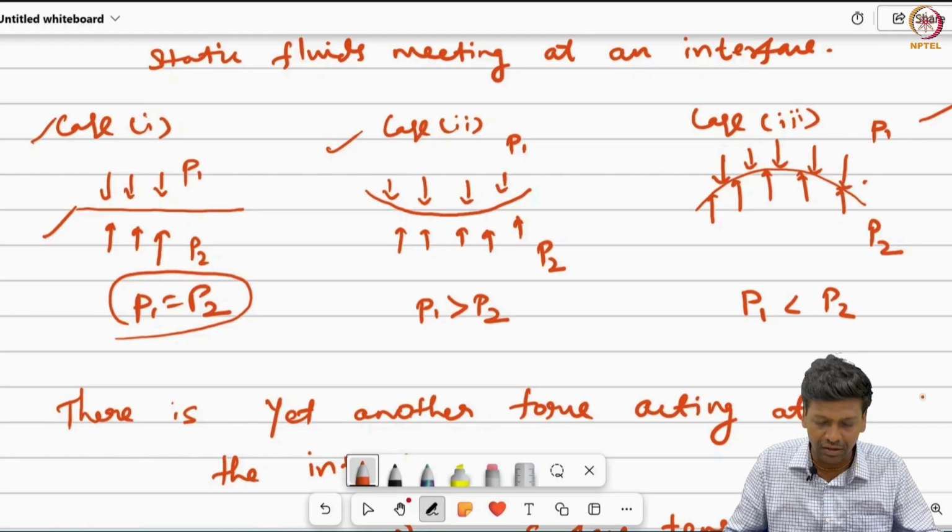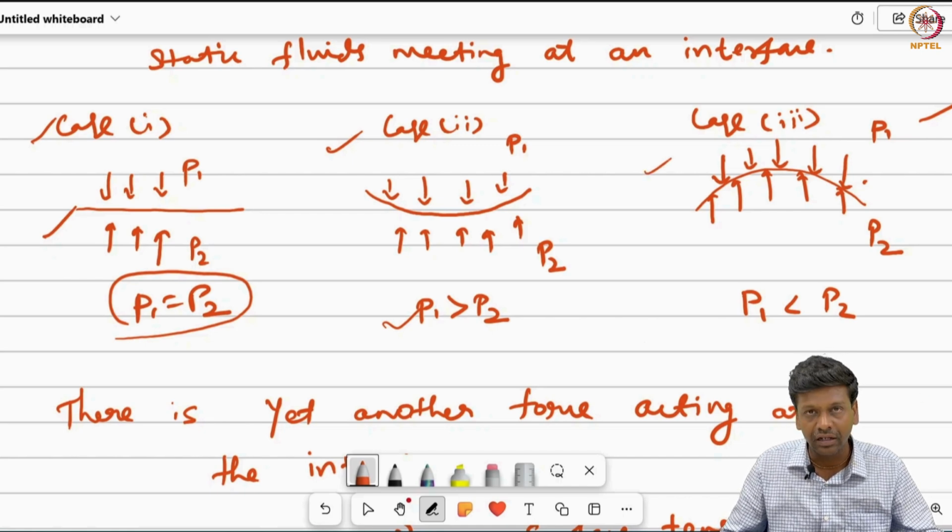Whereas you consider another scenario where we experience curvature. In this scenario, you expect that the pressure acting at the top is greater than the pressure acting upward, right? On the other side, we have a scenario where we might deal with a geometry curvature similar to case 3, where the pressure acting downward may be lesser than the pressure acting upward.